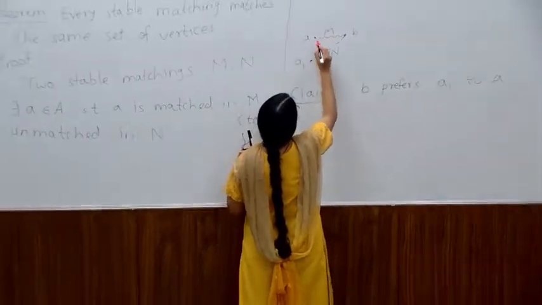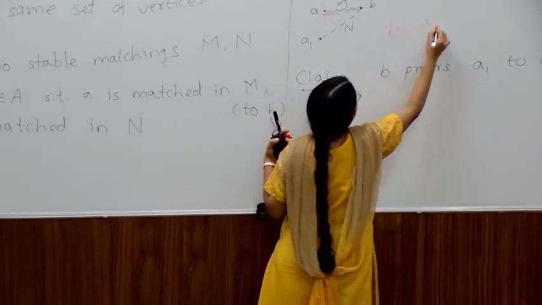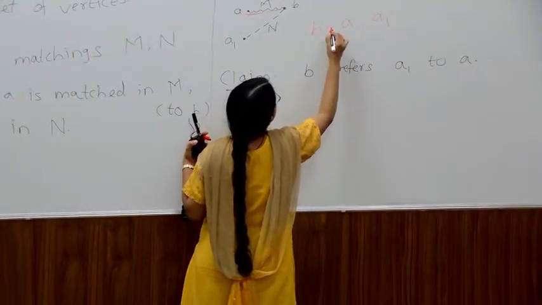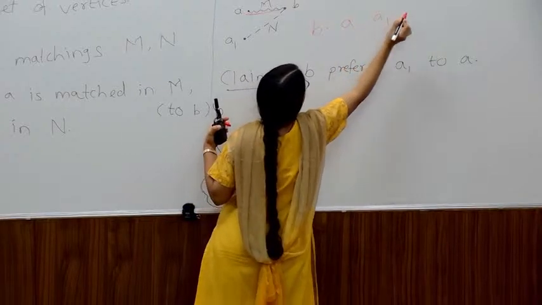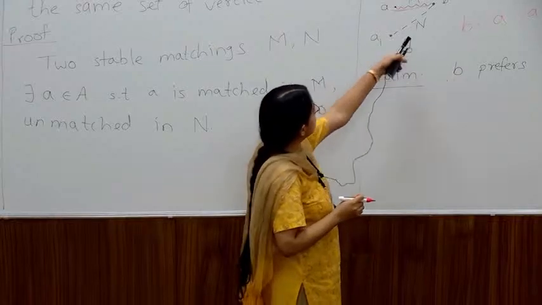Okay, so if it is like this, that is B prefers A to A1, there could be several things here and here. But if B prefers A to A1, what happens in the N matching?